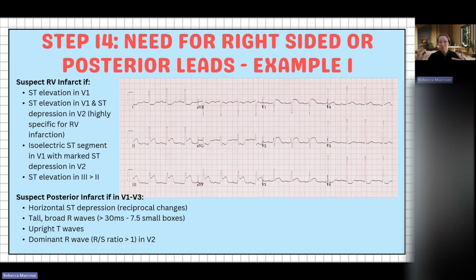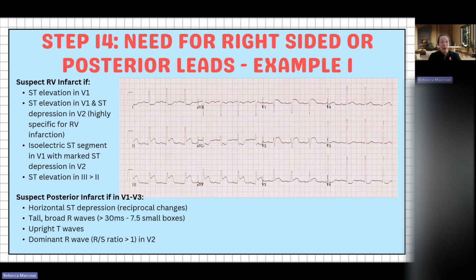And to me, this would be enough with an inferior MI to ask my practitioner if they want posterior and right-sided leads to see if there's other involvement. If you need help building your case, we can talk about some of these signs. As you said, Rachel, we have ST elevation in V1, which is a reason to suspect an RV infarct.